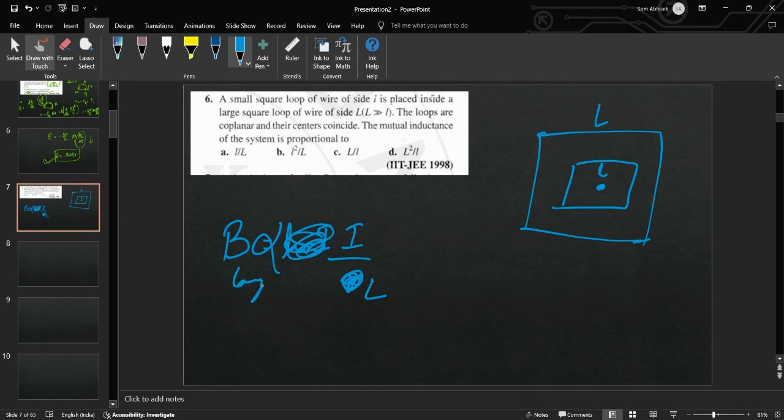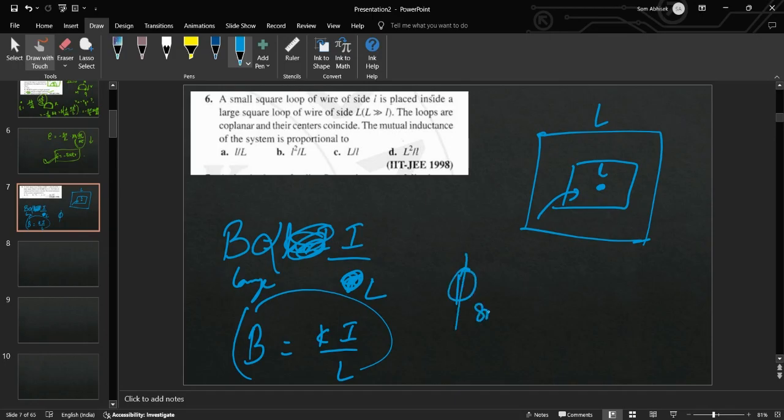So B large is proportional to I by L. We can say B is equal to K I by L, suppose. This is the magnetic field of the larger loop, which will act on the smaller loop. So the magnetic flux with the smaller loop will be the magnetic field of the bigger loop into the area of the smaller loop. This is the concept.